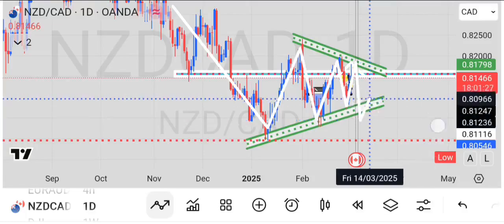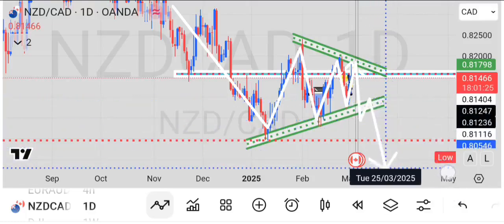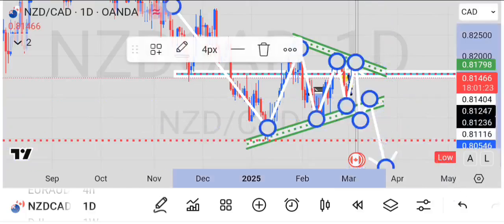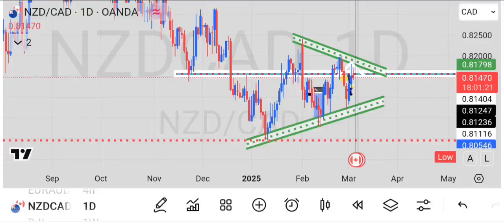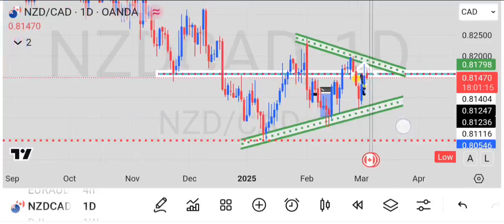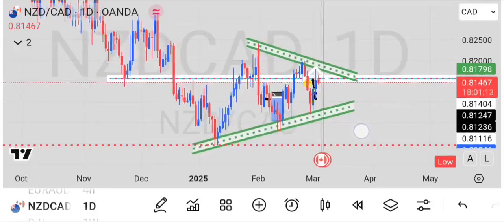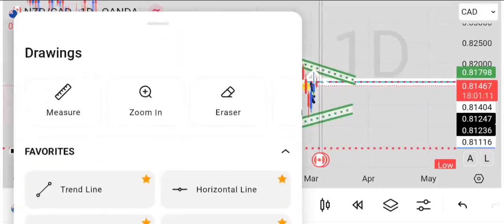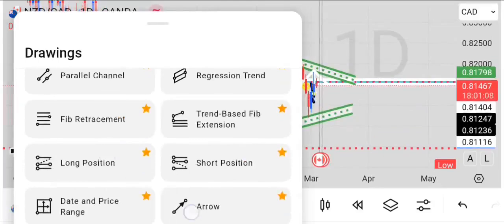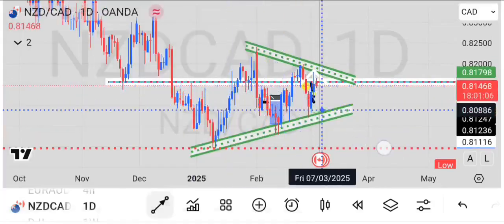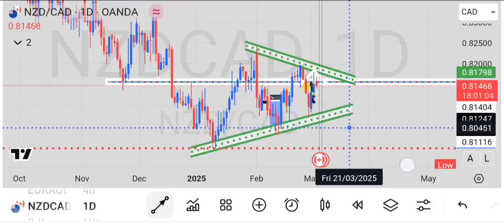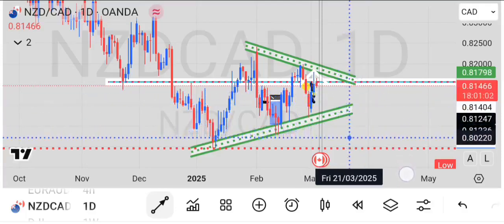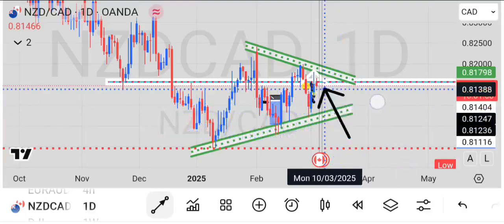So now this chart pattern contains two possibilities, wherever it breaks, whether it breaks above or to the other side. Chart patterns are very important when you do your analysis.